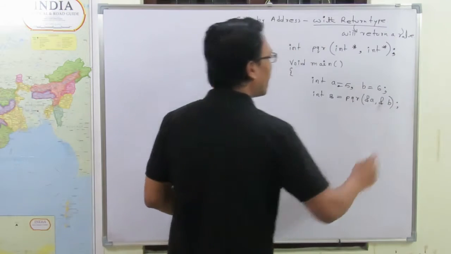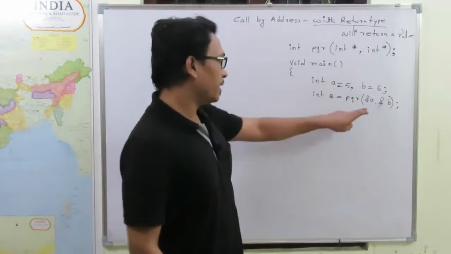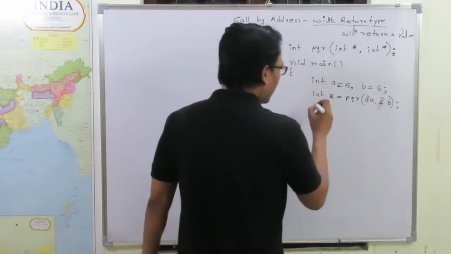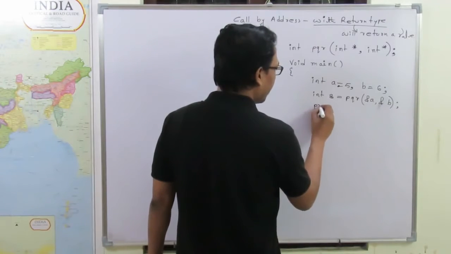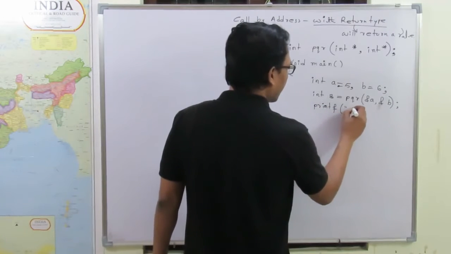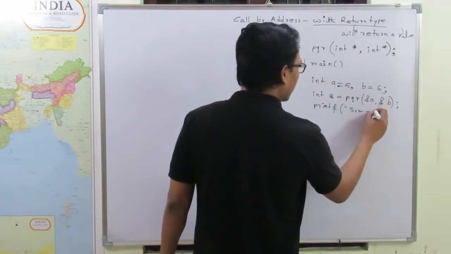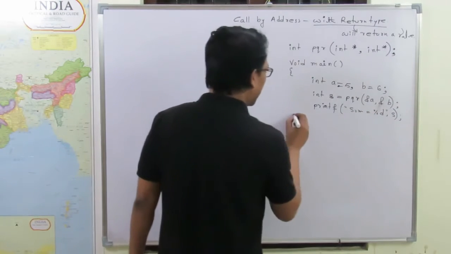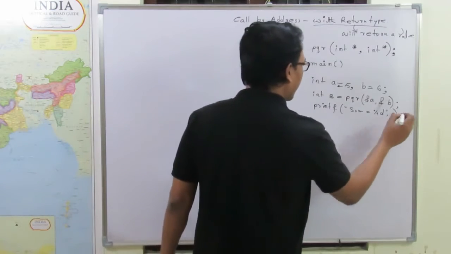Two arguments we passed, address of A and address of B. And after that printf("sum = %d", s). This is our entry point function, that means the main function.